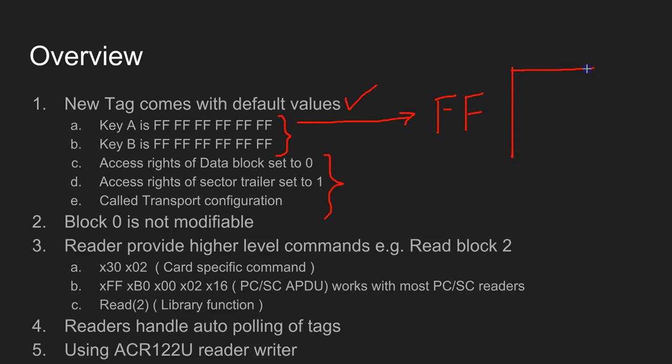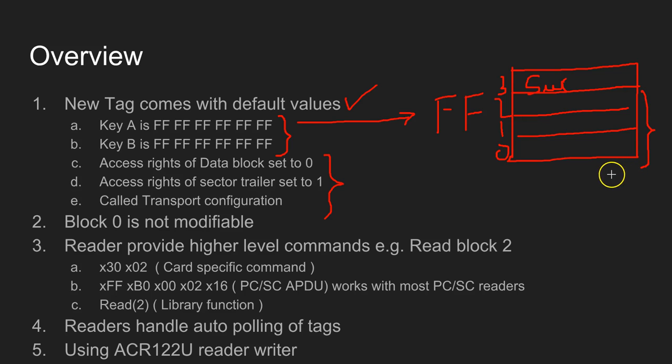Out of these 4 blocks in the sector, we know that one of the blocks, block number 3, has a special name called the sector trailer, and the remaining 3 blocks, blocks 0, 1 and 2, are called read-write blocks, or sometimes data blocks. So there are only 2 types of blocks. One is the sector trailer block, and everything else belongs to the same type, either mentioned as a read-write or data block.